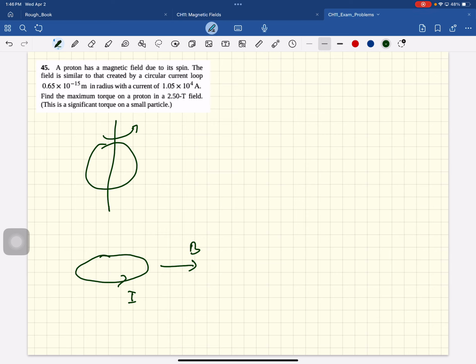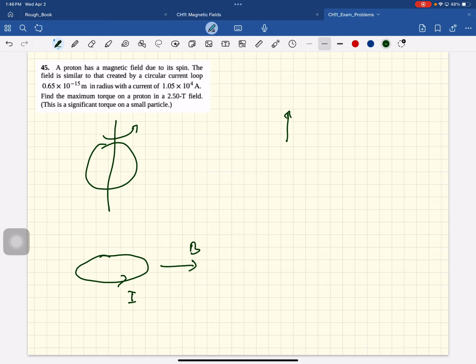Okay, so what they're doing in an MRI machine is, here's a proton. Now I'm going to just give you a simplistic view.